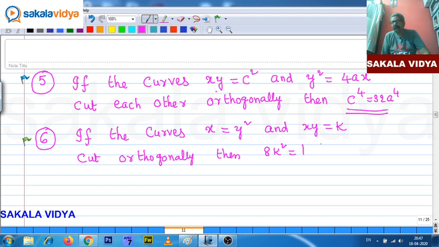This is the condition. So, you need to remember these two conditions.